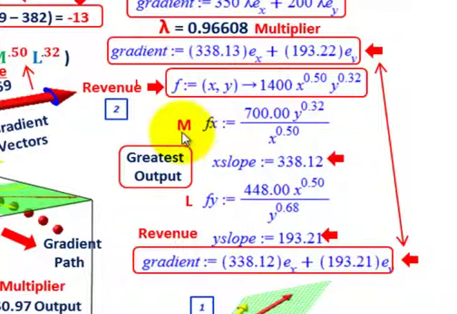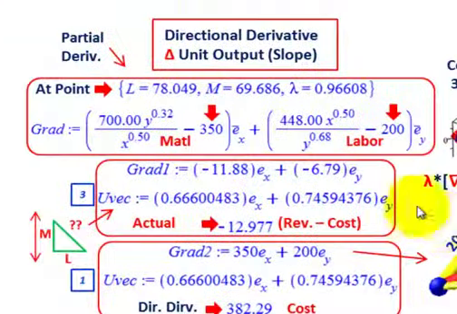Now let's look at our directional derivative, and that's really the change in unit output or the slope at those points. First, let's show it here. These are at our solution points for labor, material, and our Lagrangian multiplier that we solved for. And this is just showing the partial derivative of that Lagrangian function for material.